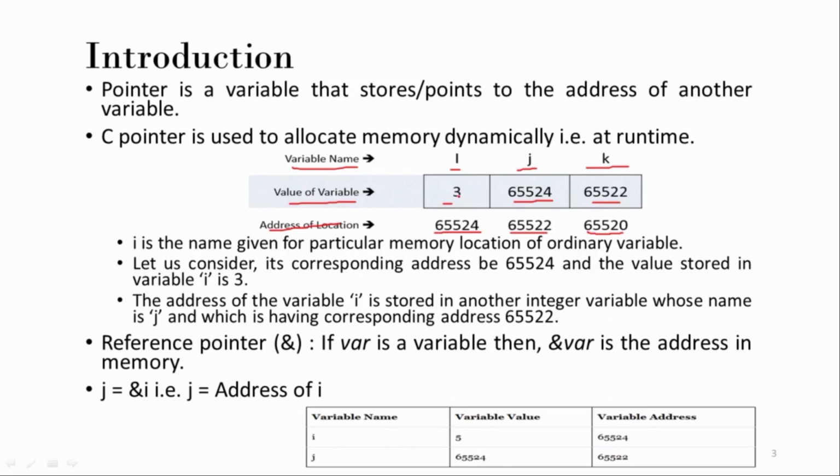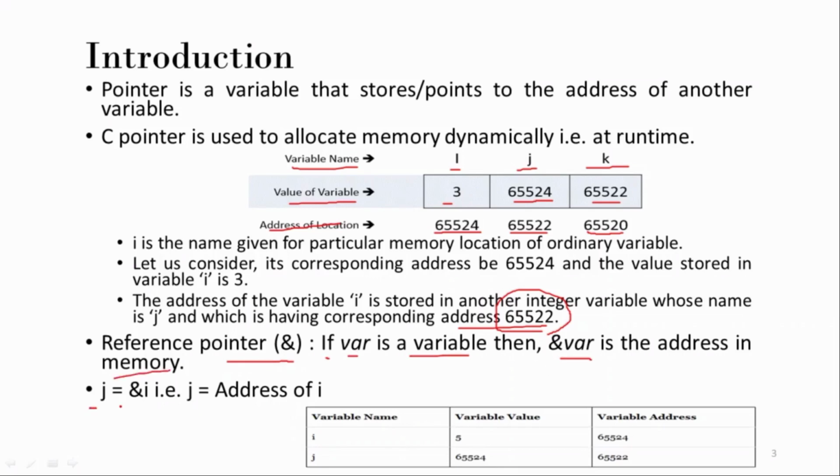The address of the variable i is stored in another integer variable whose name is j, which has its own address, 65522. Now the reference pointer, ampersand. If var is a variable, then ampersand var is its address in memory.